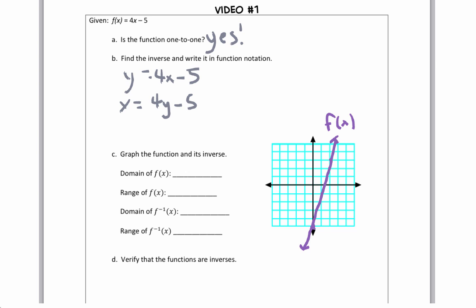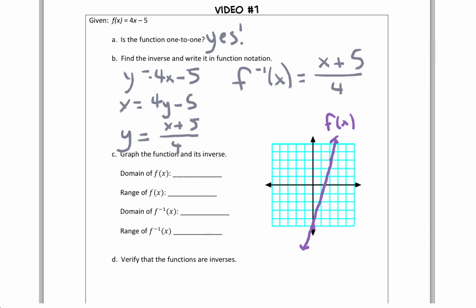Now all we have to do is get y by itself. So we will get y is equal to x plus 5 divided by 4, just using inverse operations. So that means the inverse of our function is equal to the quantity x plus 5 divided by 4.